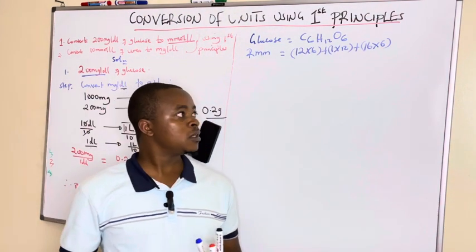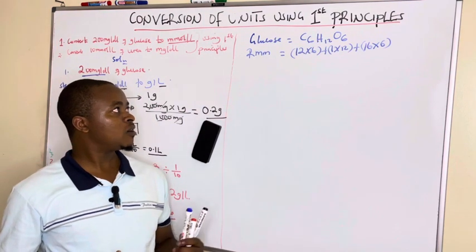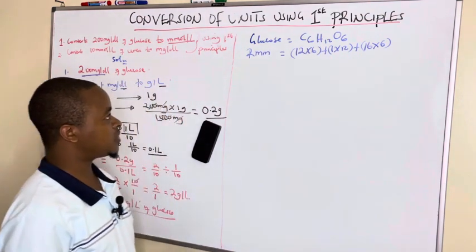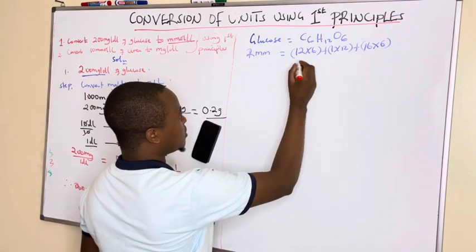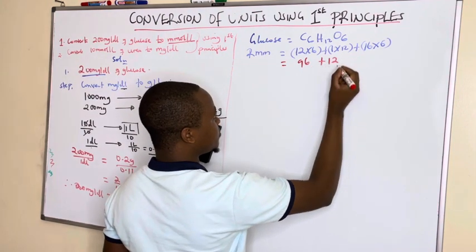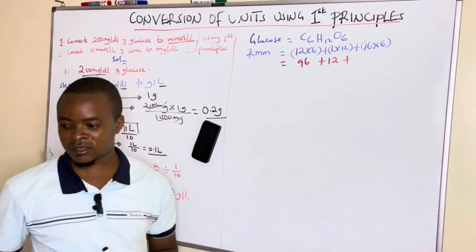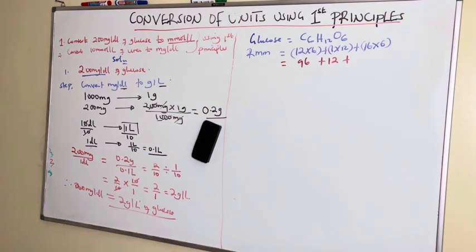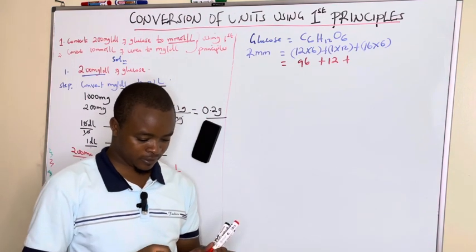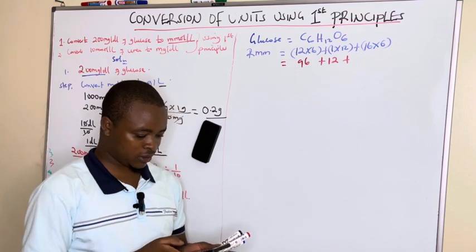We are calculating the relative molecular mass of glucose. 12 times 6 is 72, plus 12, then plus 16 times 6, which is 96.